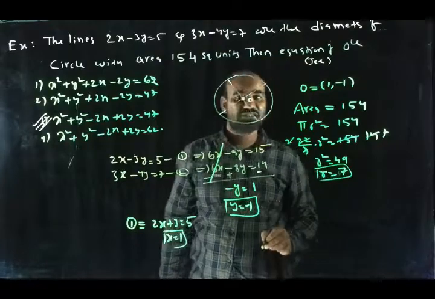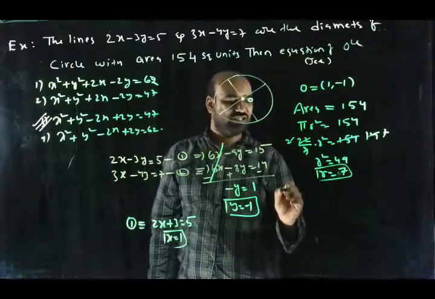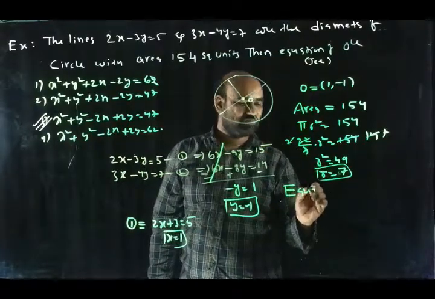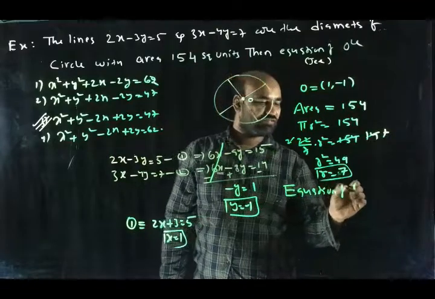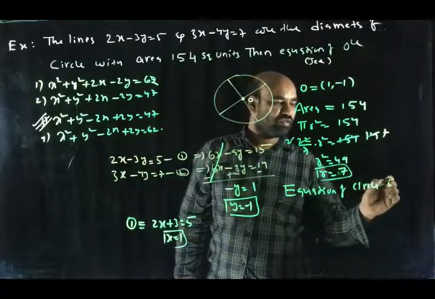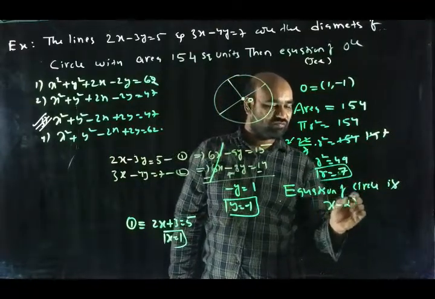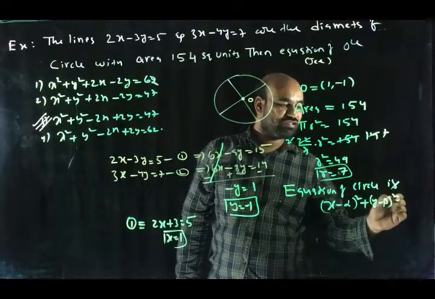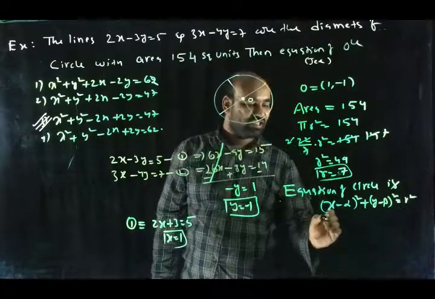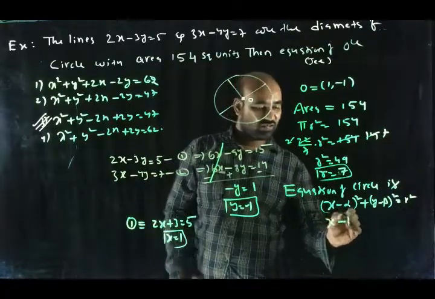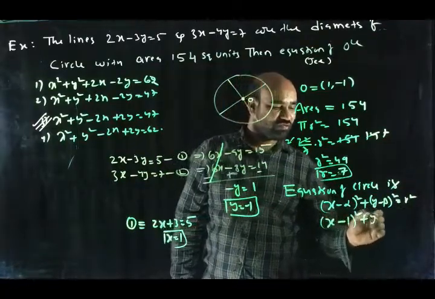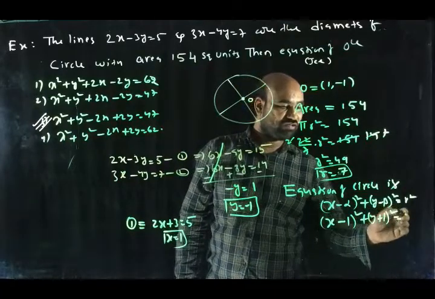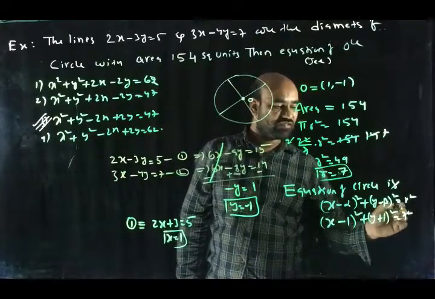Therefore, we got the radius and center, so you can find its equation. Equation of the circle, I am using the standard form: x minus alpha whole square plus y minus beta whole square equal to r square. That is x minus 1 whole square plus y plus 1 whole square equal to 7 square, that is 49.